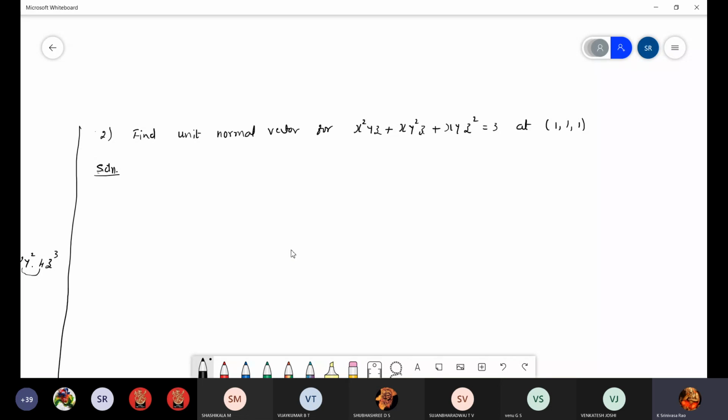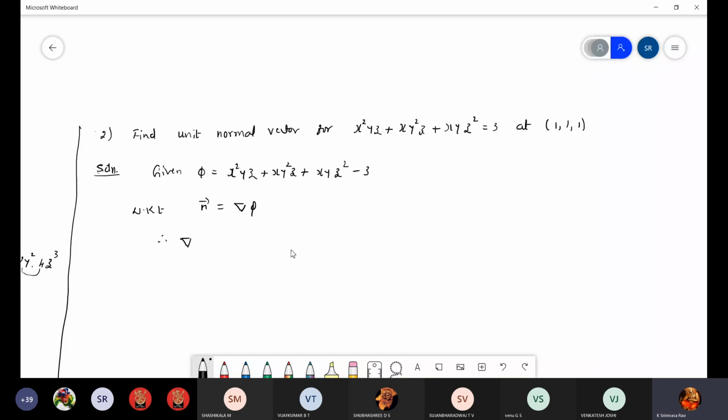Given the same procedure, phi equals x squared yz plus x y squared z plus x y z squared, and take the constant to the left-hand side, minus 3. We know that normal vector n is equal to grad phi.